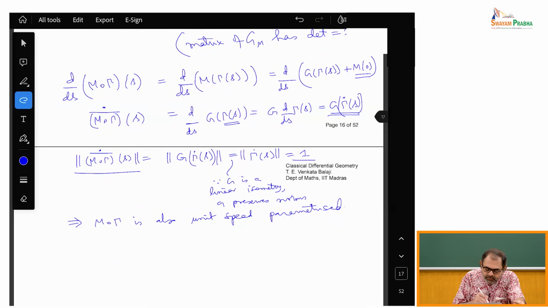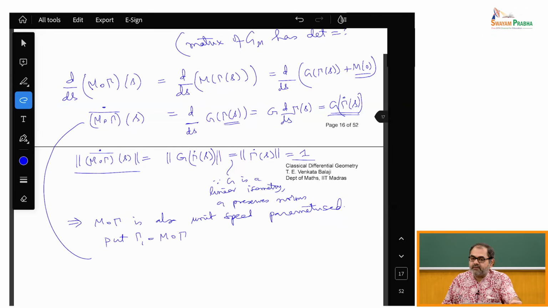Yeah, so you again look at this equation. Let me do the following thing, I will put gamma 1 equal to m circle gamma, so that you can avoid writing m circle gamma many times. So this first equation becomes gamma 1 dot of s is equal to G gamma dot of s.